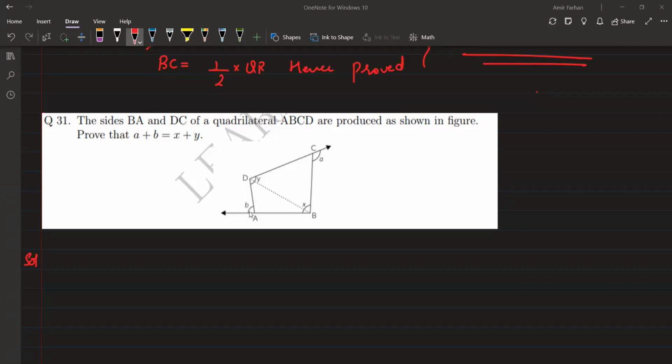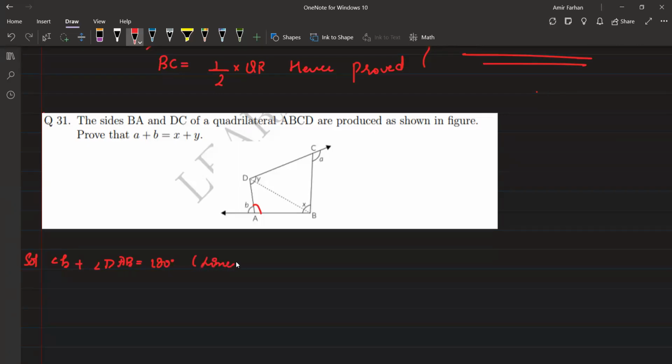First of all, look at this. Angle B and this angle will make 180 degrees, a linear pair of angles. How many of you remember this thing from the lines and angles chapter? Clear? So angle B plus angle DAB, this is angle DAB, clear, will be equal to 180 degrees, linear pair.